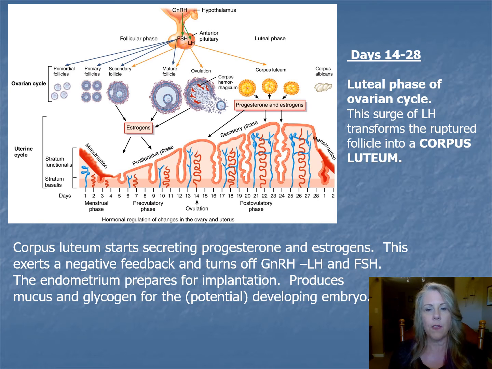So now the endometrial layer is big, it's fluffy, and it's secreting this nice mucus and glycogen for the potentially developing embryo. So we're into the post-ovulatory phase, or what we call the secretory phase of the uterine cycle.